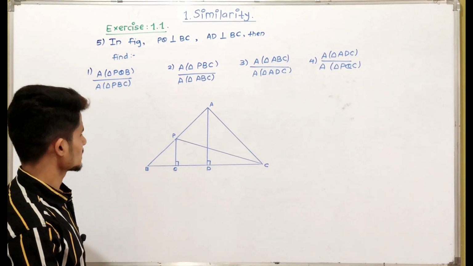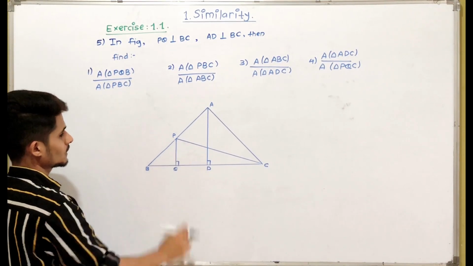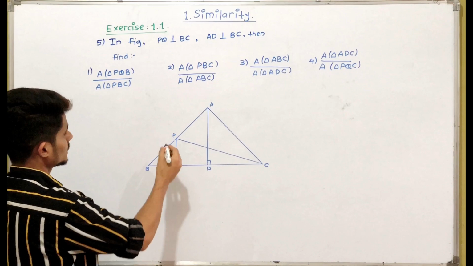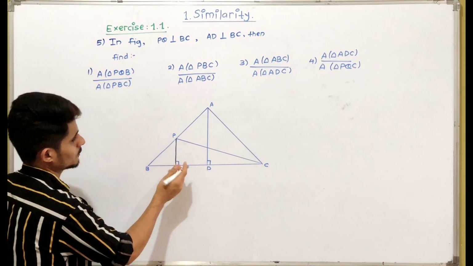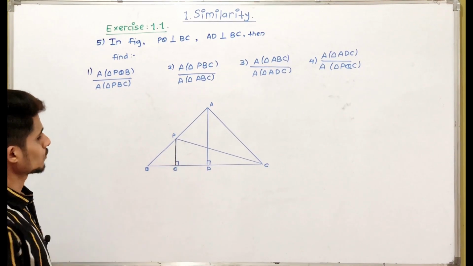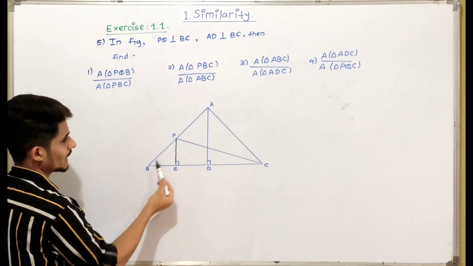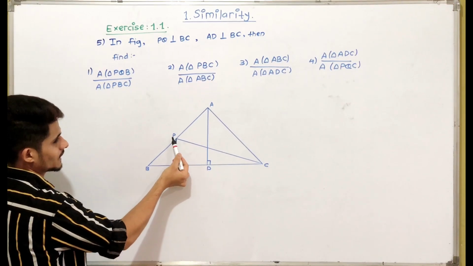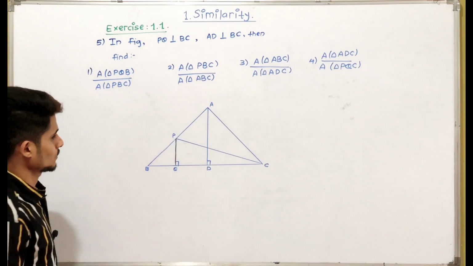So as you can see, in triangle PQB and triangle PBC, height PQ is common in both the triangles, that is triangle PQB height is PQ, and in triangle PBC height is PQ.